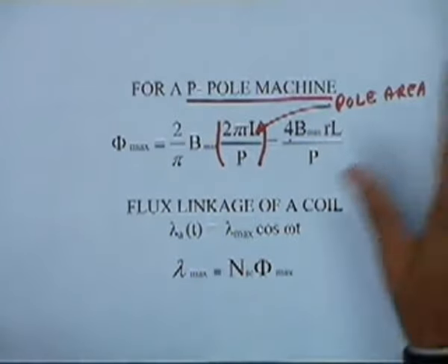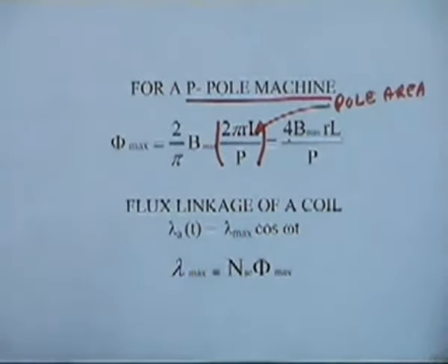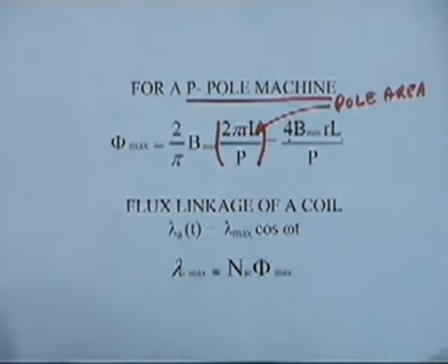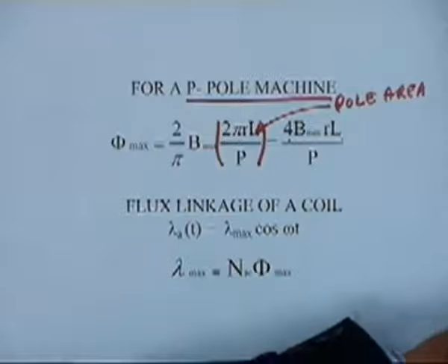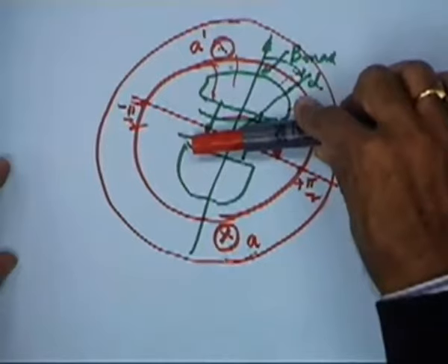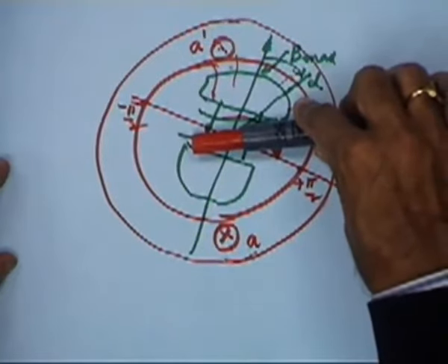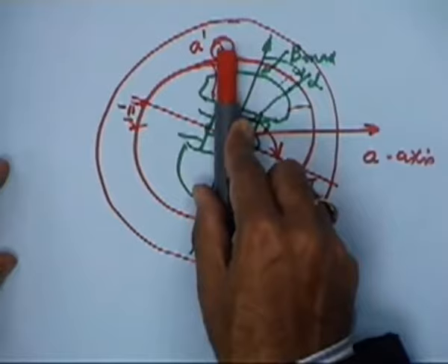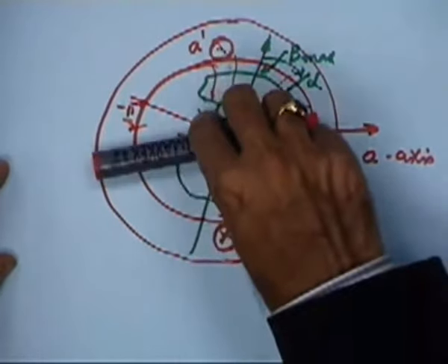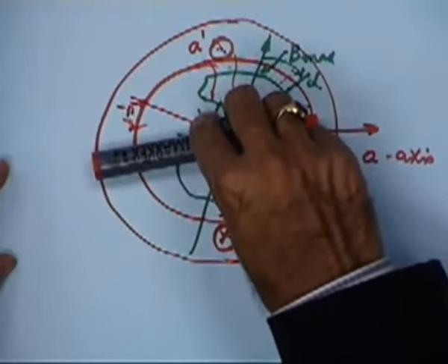knowing that this is the maximum flux that is possible to link any coil, the flux linkage as the machine rotates over theta, as we see here. When this axis is aligned with this, the flux linkage is maximum, but when this is 90 degrees, the flux linkage will be 0, and then when it goes the other way, it will be minus phi max and so on.